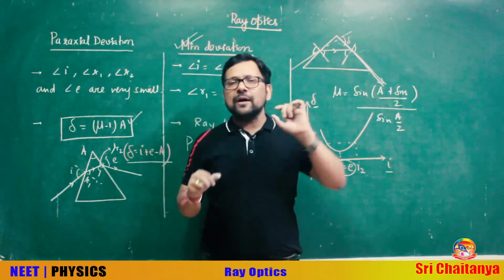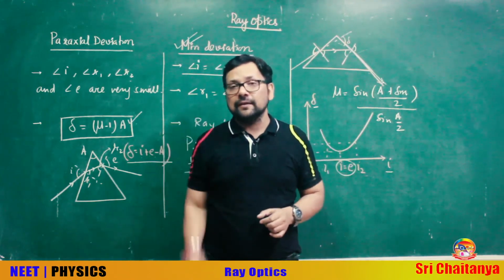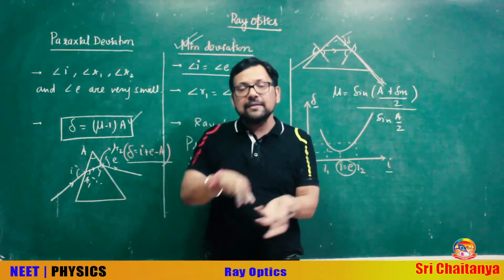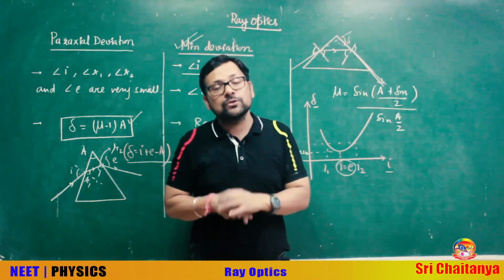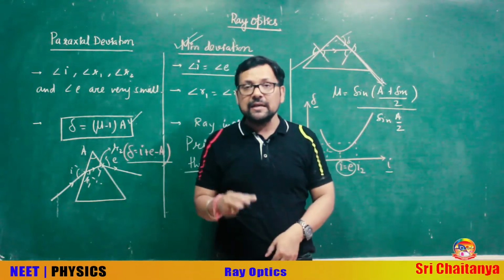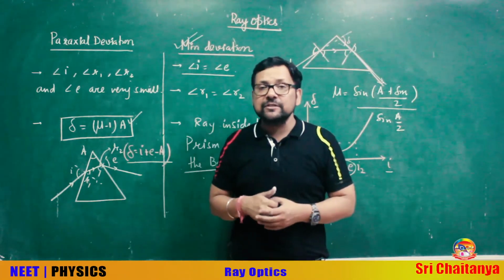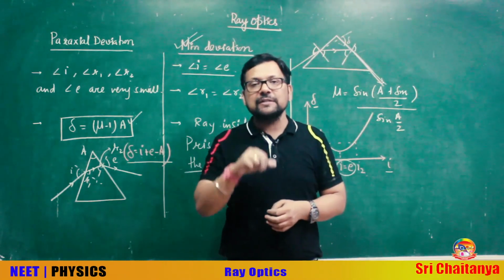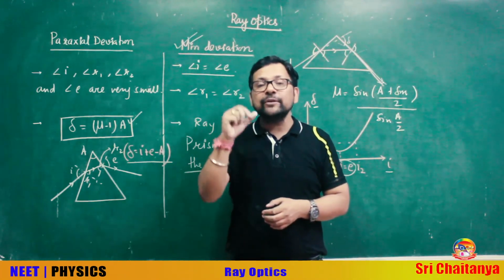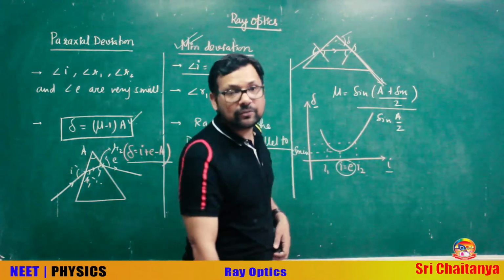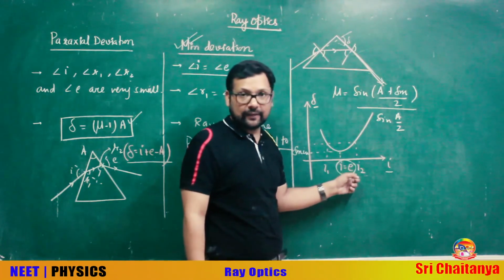Suppose I is 15 and E is 30, and reversibly I is 30 and E is 15, then also you get the same deviation. That means in general in a prism the deviation is the same for two sets of incidence angles, but the only unique deviation is the minimum deviation, which takes place when I is equal to E.